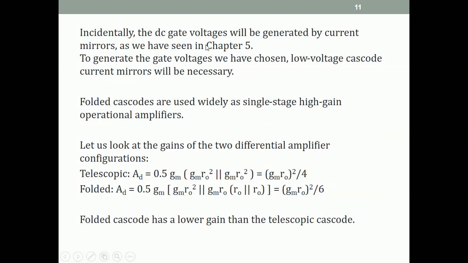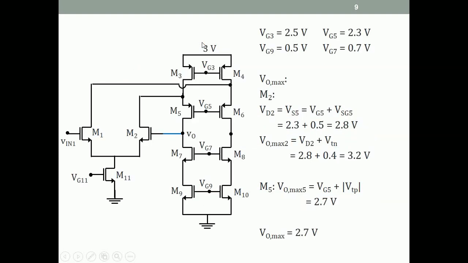A couple of side comments. Let us remember the DC gate voltages that I have put here: 2.5, 2.3, 0.7, 0.5. When we actually design a folded cascode, these voltages will be generated by current mirrors. You recall, we don't put fixed gate voltages in MOSFET circuits because Vt will vary and then currents will vary if there are fixed voltages.